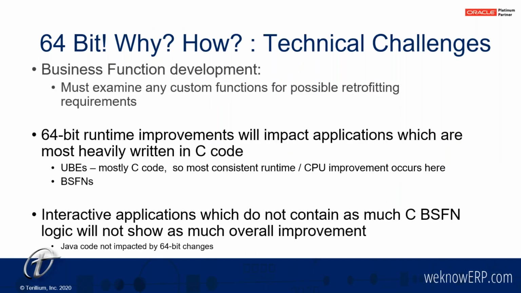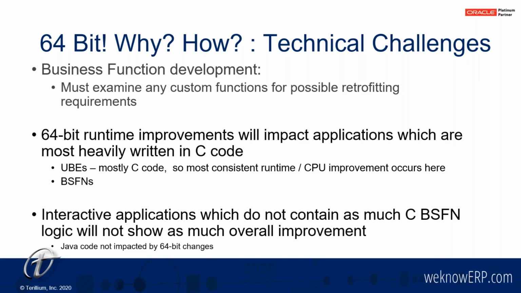Again, business function development, any custom functions, you'll have to review for possible retrofitting. Improvements will impact applications which are most heavily written in C code, okay? You will see some improvements due to the fact that you're running natively in 64-bit, not in that WoW64 compatibility mode we mentioned.